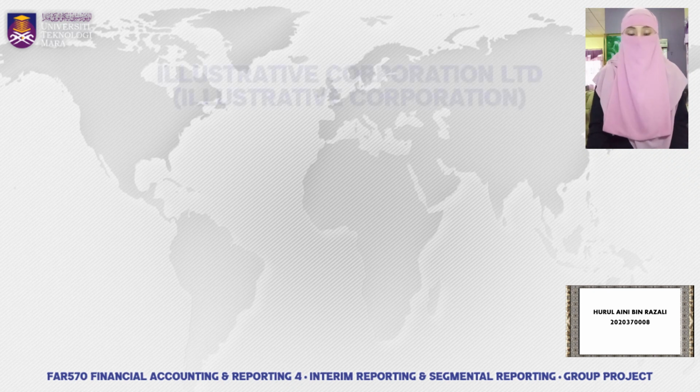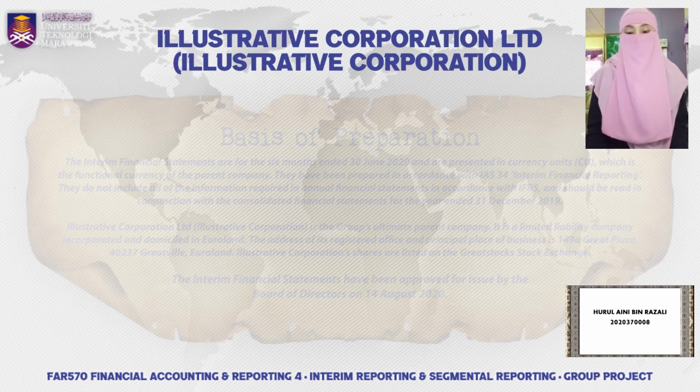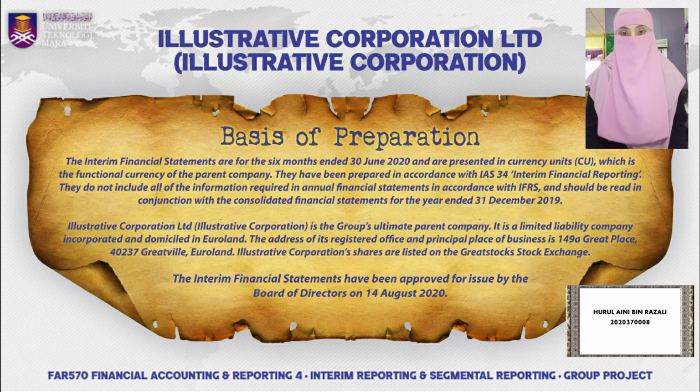So Illustrative Corporation Limited has chosen 6 months ended 30 June 2020, presented in currency units, which is the functional currency of the parent company. They have been prepared in accordance with IAS 34 Interim Financial Reporting.